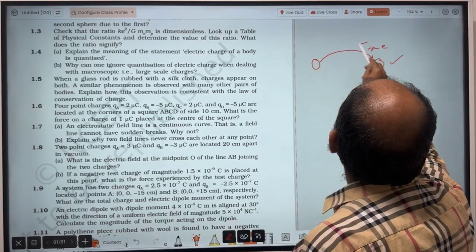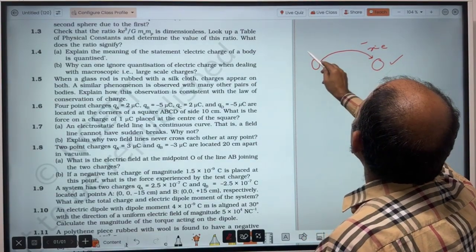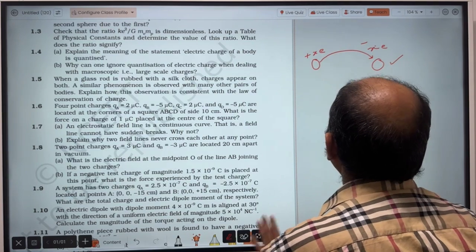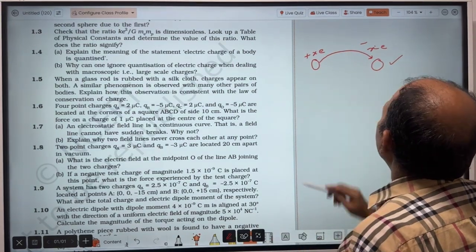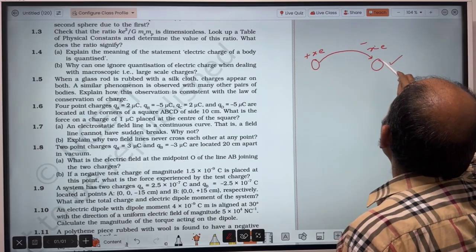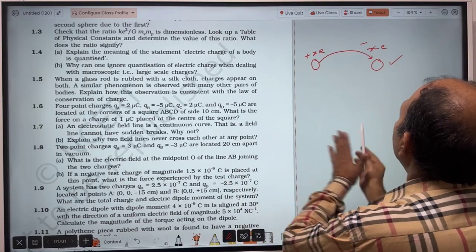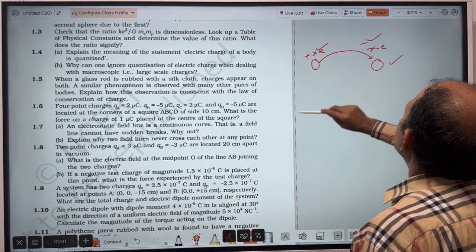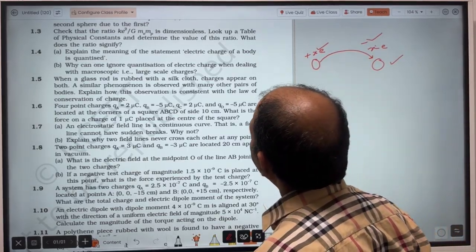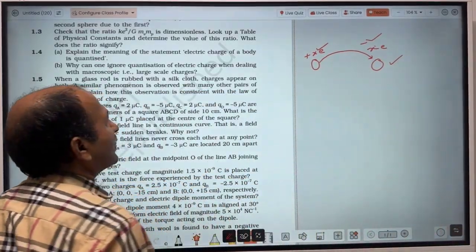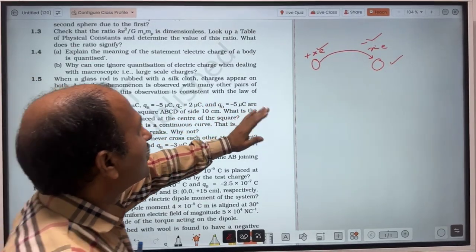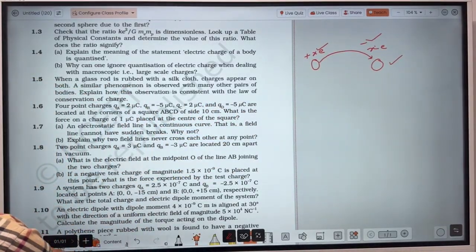The same amount of positive charge, xe, will be developed here. What was the situation in the beginning? The two bodies were neutral, and now if you add these two charges, what will you get? You will get 0. So that is why the law of conservation of charge holds good and there is no violation at all.